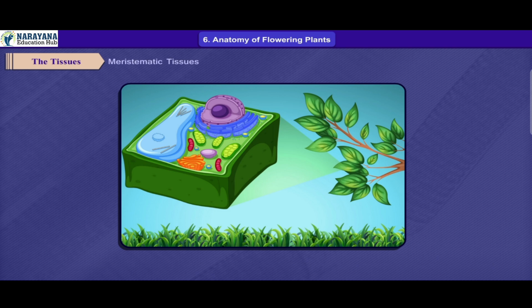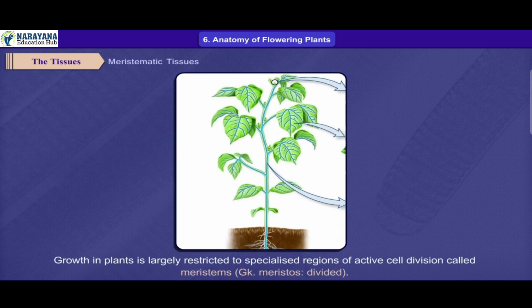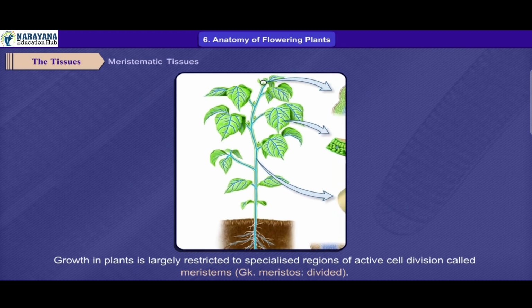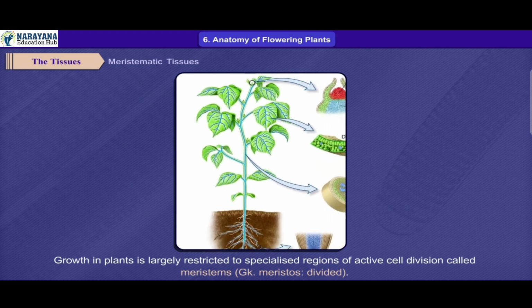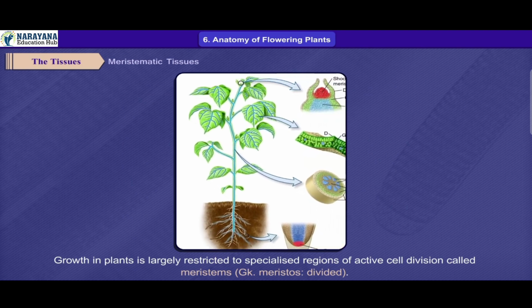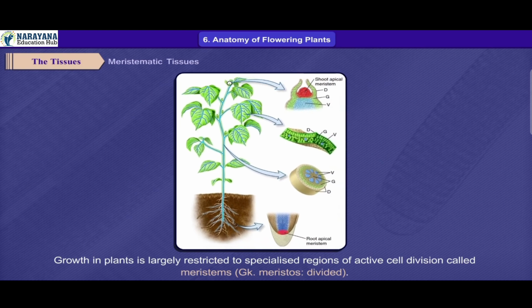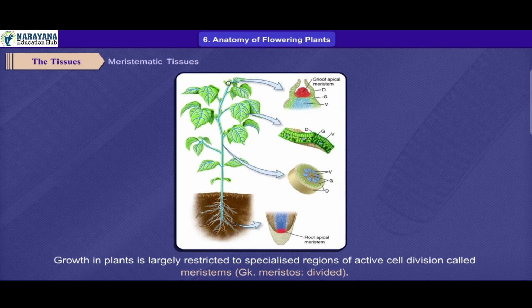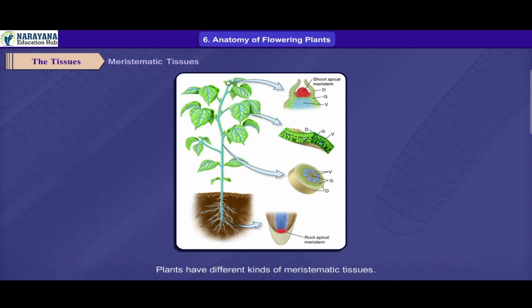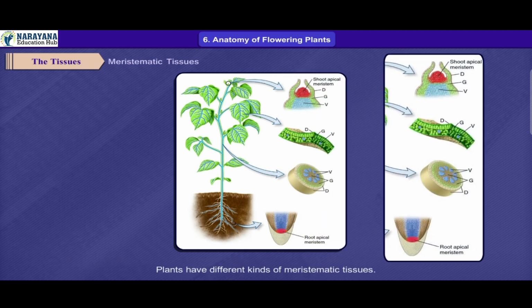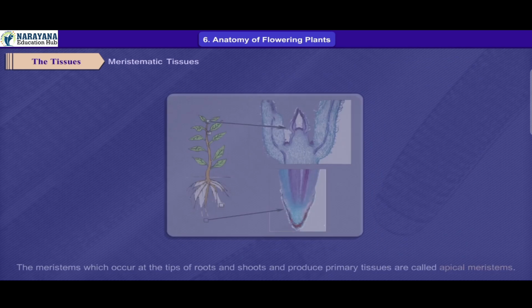Meristematic tissues. Growth in plants is largely restricted to specialized regions of active cell division called meristems. In Greek, meristos means divided. Plants have different kinds of meristematic tissues.